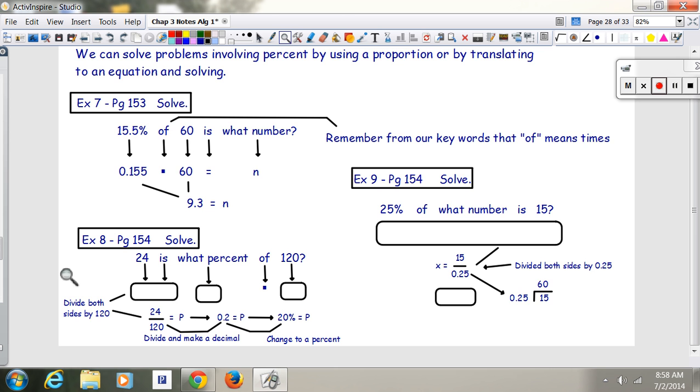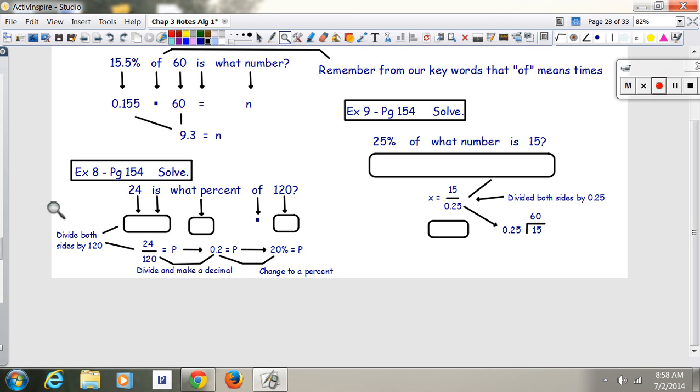So that's an n. It could be an x. You could use whatever letter you want to use. 24 is what percent of 120? So 24 equals. 24 comes down and is becomes equals. What percent is your x or your n or whatever letter you want to use. Of is your times and 120 is your 120.